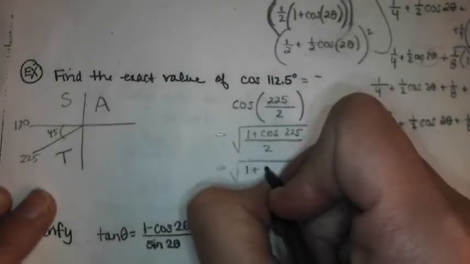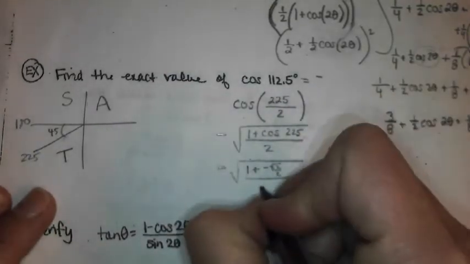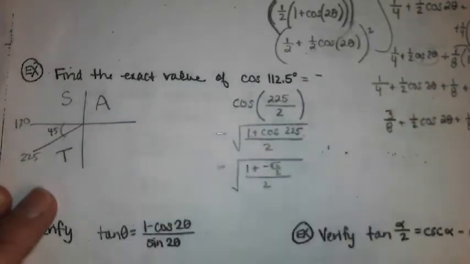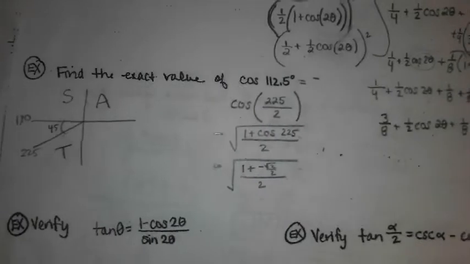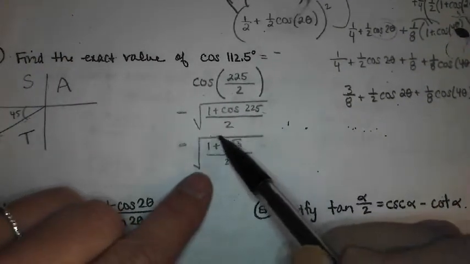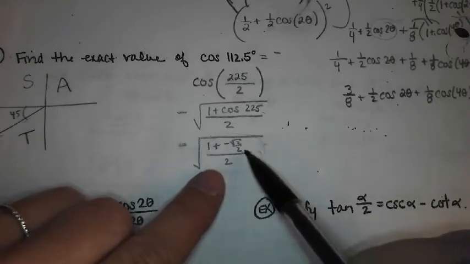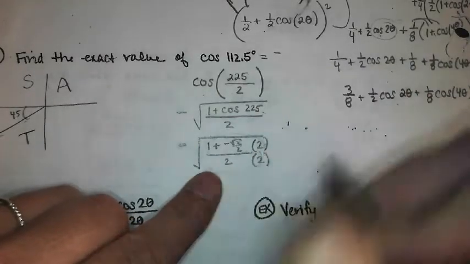So 1 plus negative root 2 over 2, or you can do 1 minus. And that whole fraction is under the radical. We have to clear complex fractions. So if I look at my fractions within this fraction, my only denominator is 2. So I'm going to multiply the top by 2 and the bottom by 2 to clear.